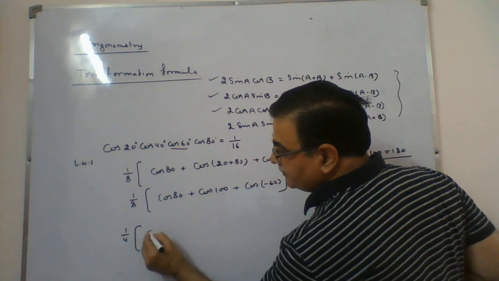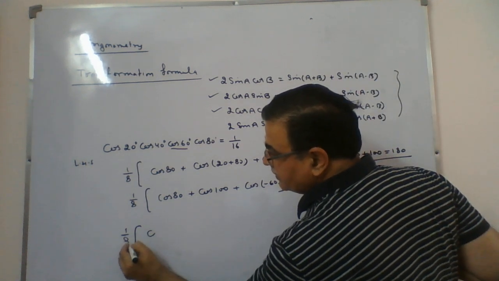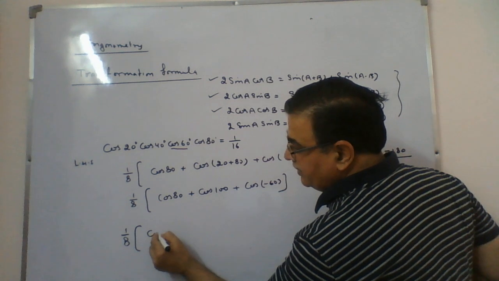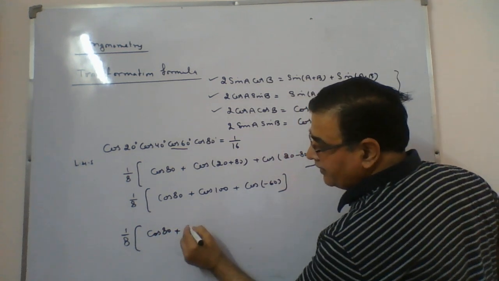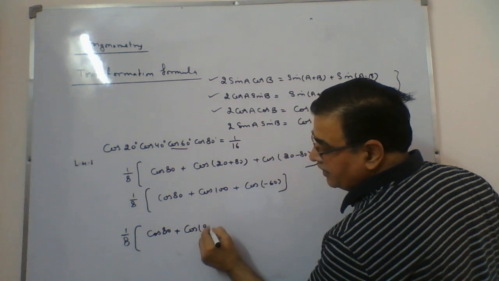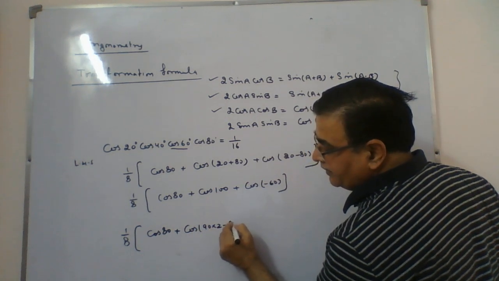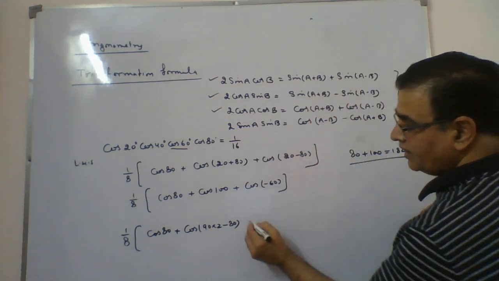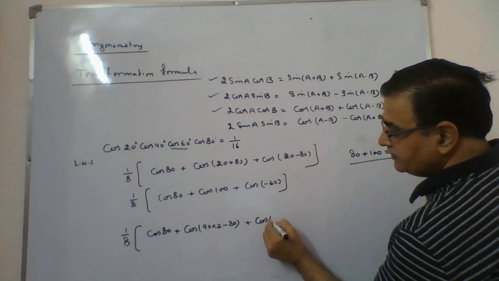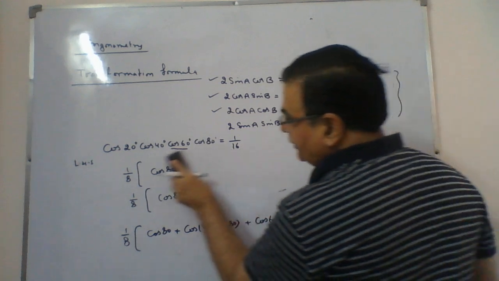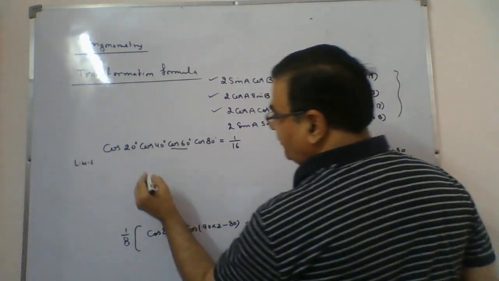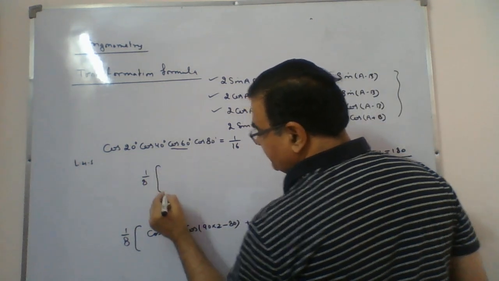So what we do in this case, this is 1 by 8. Cos 80 is the smaller angle, keep as it is. And 100 I'll write as cos of 180 minus 80. And then this comes out to be cos 60. Now when you solve it further, it will come out to be 1 by 8.